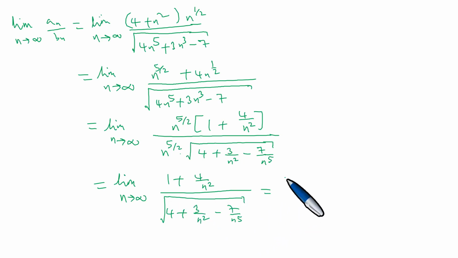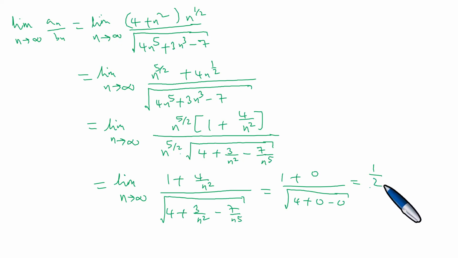So if you take the limits, then it's going to be 1 plus 1 over infinity, which is 0. And here it's going to be 4 plus 3 over infinity, 0, 7 over infinity, 0. And this is exactly 1 over 2. And this 1 over 2 is different from 0. It's not equal to 0.